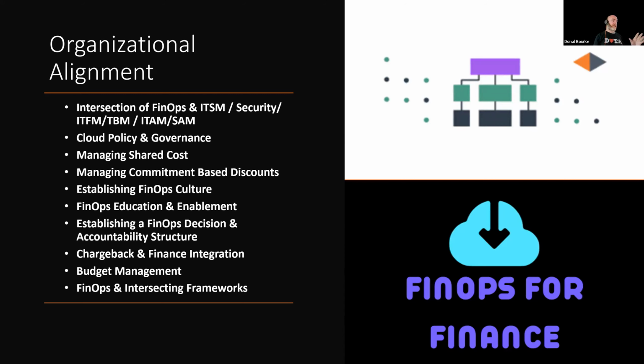The one additional one that I will call out here is the cloud policy and governance. So this, I suppose, has to be driven by leadership, and this is to get your tagging and your ownership of resources aligned, so that when a new machine is spun up or when a new account is set up, all the attributes or the metadata related to that is in place, so that when we look at our cloud bill, we can track it back to the relevant person.